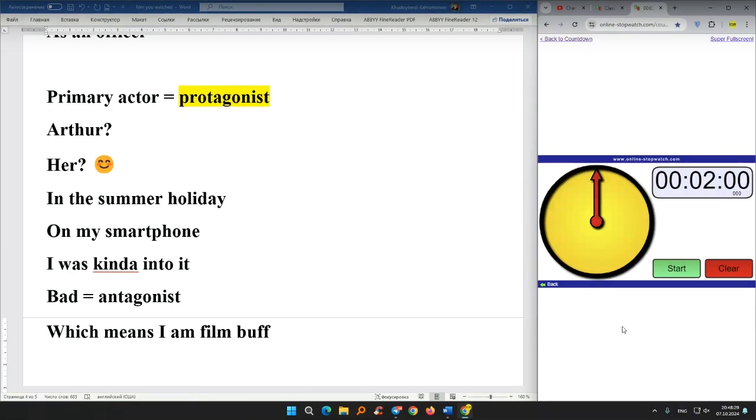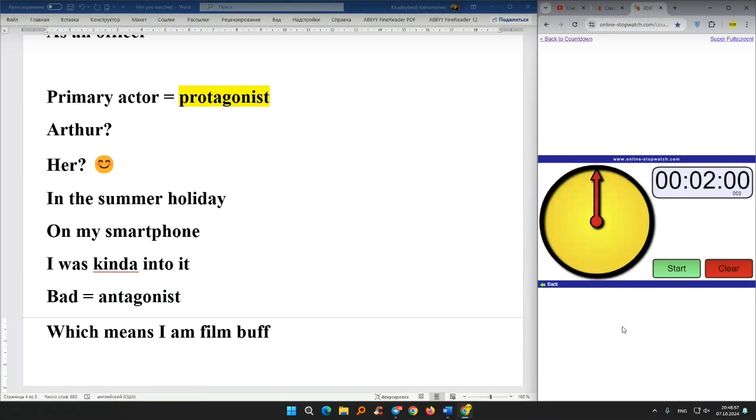I definitely remember you were talking about Arthur and Merlin, and you said her. And you could say in the summer holiday, right? It was summer holiday, so it's okay to say summer, but summer holiday would be a better collocation. And it's not in my phone, but on my smartphone.